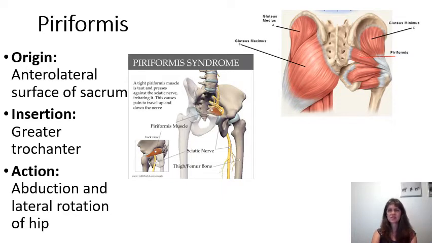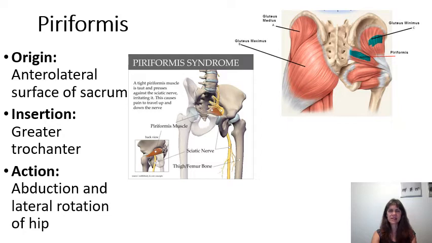The piriformis muscle is a muscle that is deep to gluteus maximus and gluteus medius. Here on the right side, where we have our picture of our deeper muscles, we can see gluteus minimus, which is deep to gluteus medius, and we also see the piriformis muscle. The piriformis muscle acts to abduct and laterally rotate the hip. It originates at the anterior lateral surface of the sacrum and inserts in the greater trochanter of the femur.